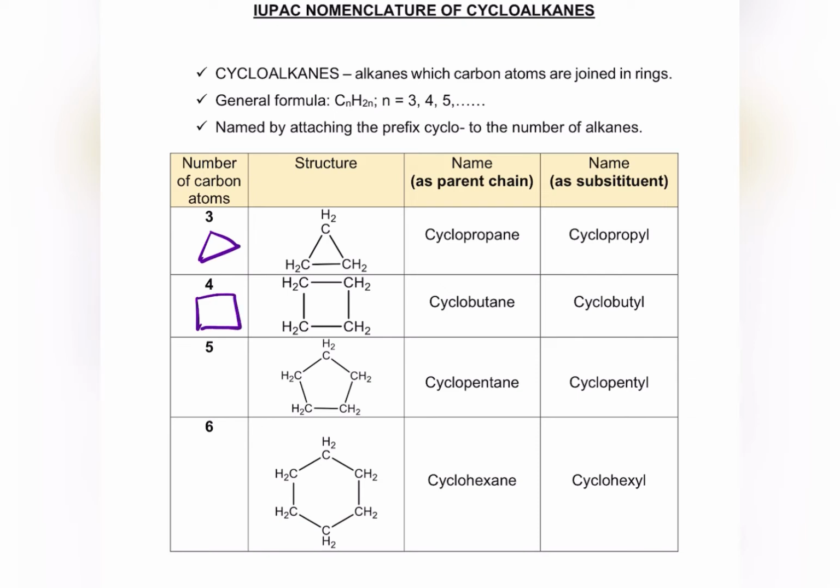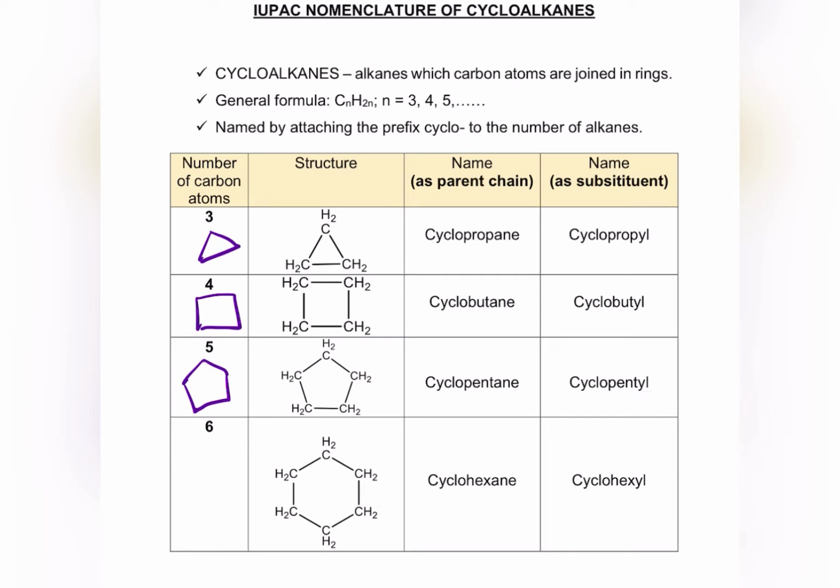But if it is a substituent, it will be cyclobutyl. Next one, I have cyclopentane with 5 carbon atoms in the ring. This is the skeletal structure, and the name of it will be cyclopentane. But if it is a substituent, the name will be cyclopentyl.